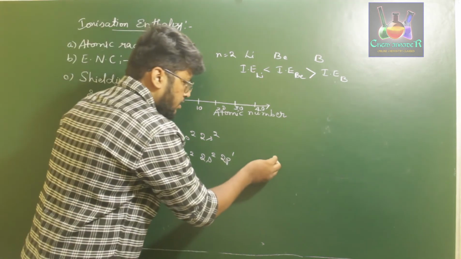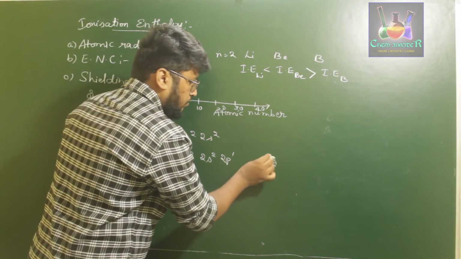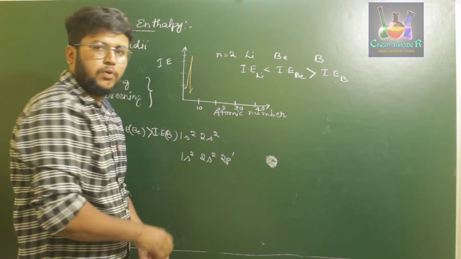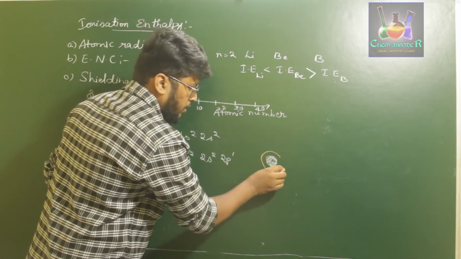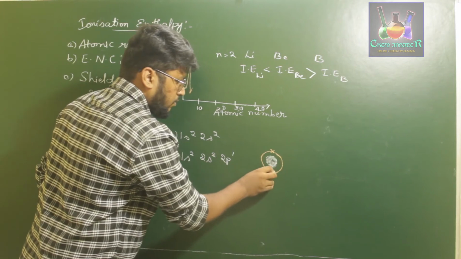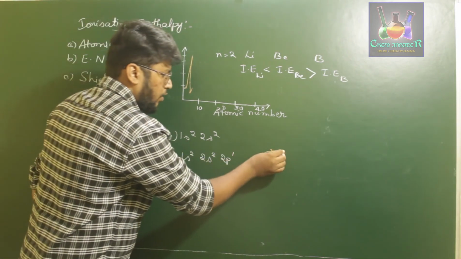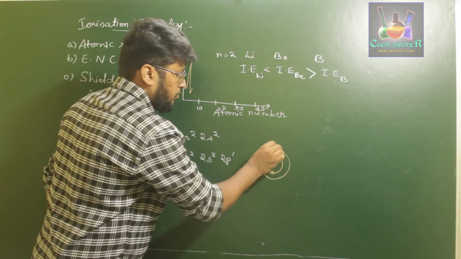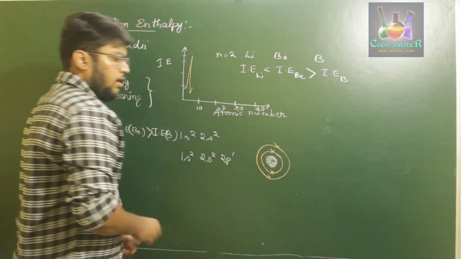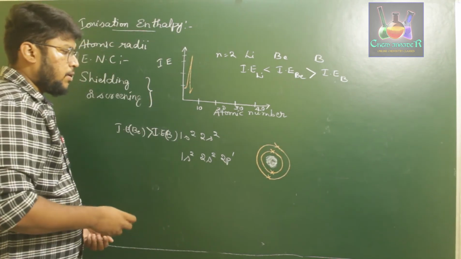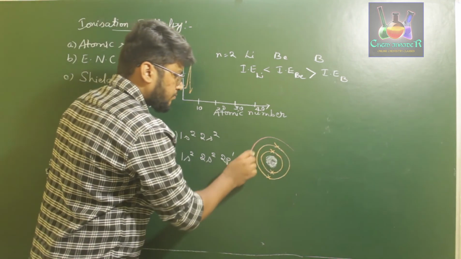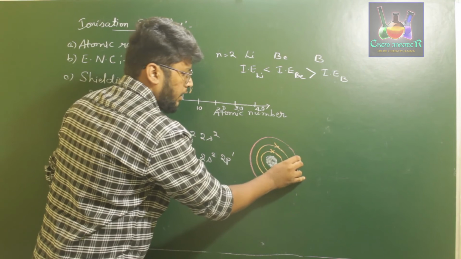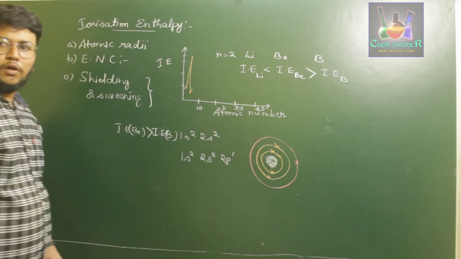So what happens here is, if you consider this as the nucleus of the atom, we have 2 electrons in the 1s orbital of both, and we have 2s electrons in the 2s orbital of both. And now what we observe is we have 1 electron in the 2p orbital of boron.